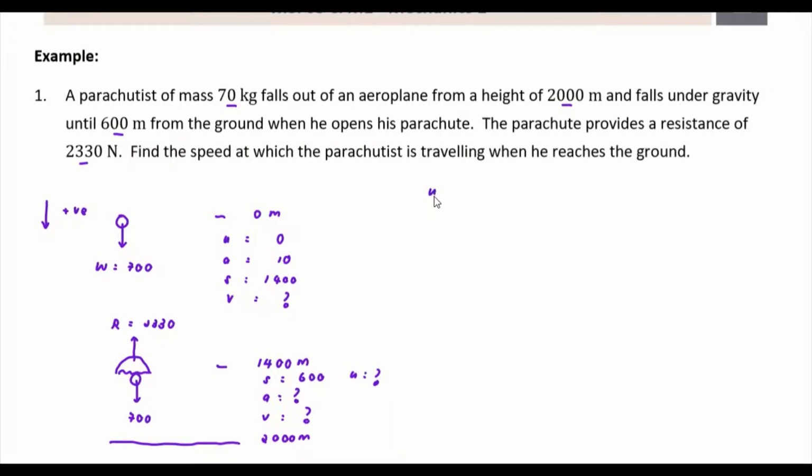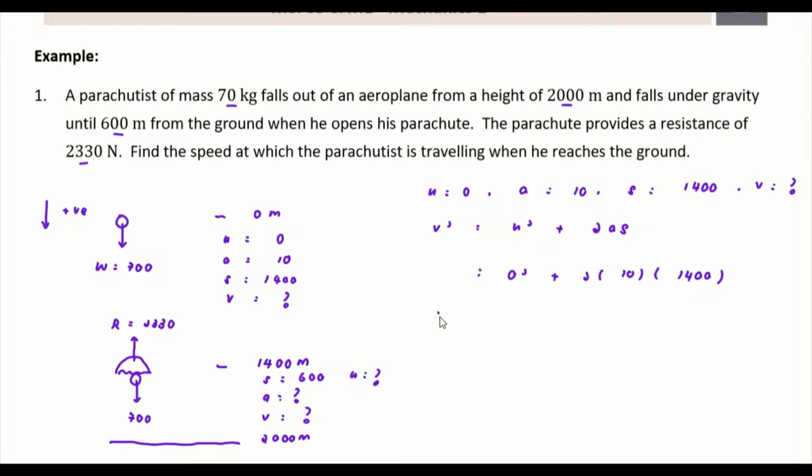So I have u equal to 0, a equal to 10, s equal to 1400, and I want to find my v. The equation that I can use is v squared equals u squared plus 2as. Okay, so let's substitute: 0 squared plus 2as.